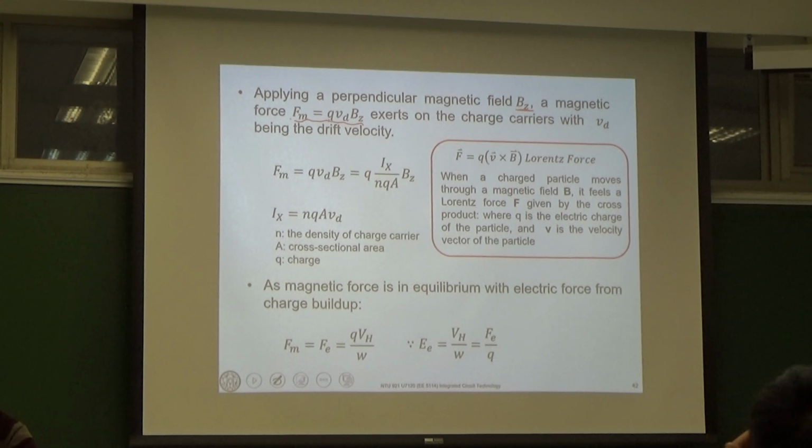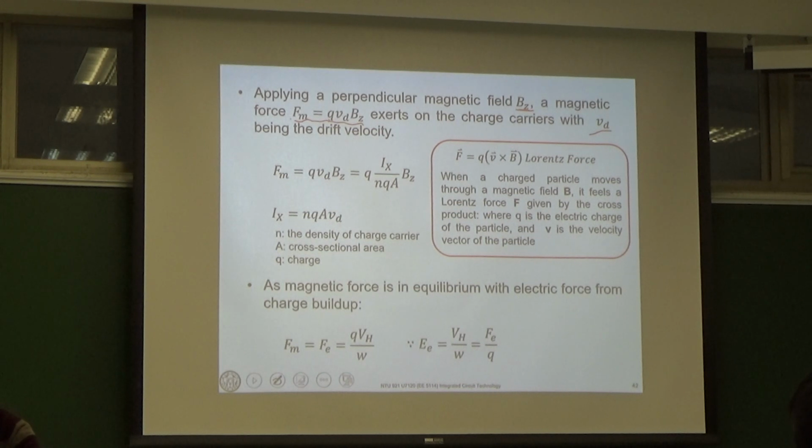In vector form, F equals V cross B, but in these directions we can just write Vd, your drift velocity, times Bz, because B is in the Z direction.